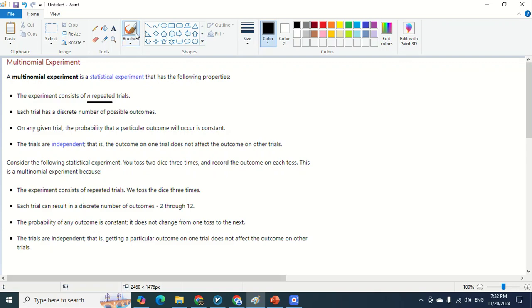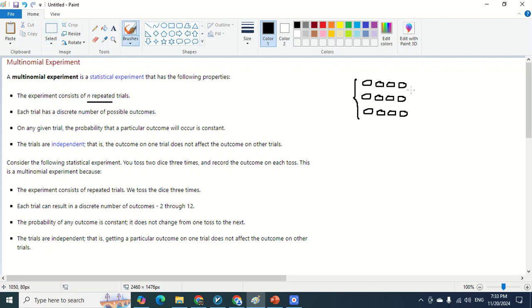Let us consider the type of question we had earlier. For example, we have 4 multiple choice questions. If we repeat this, this is one time, this is the second time, and this is the third time. For example, we do this type of experiment 3 times.